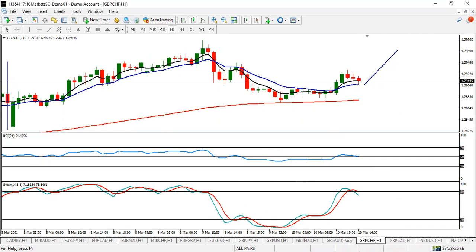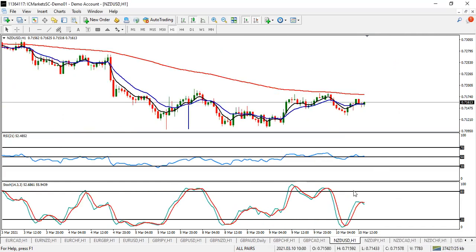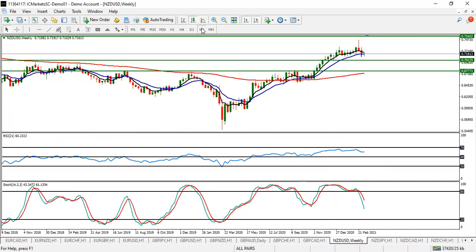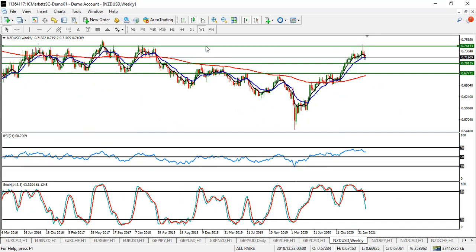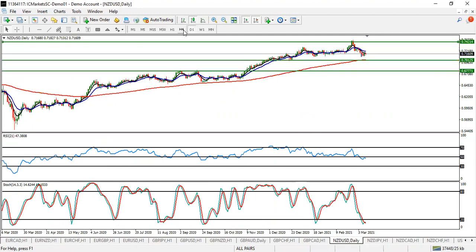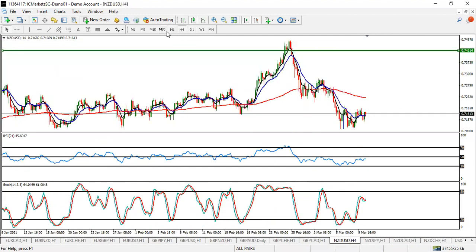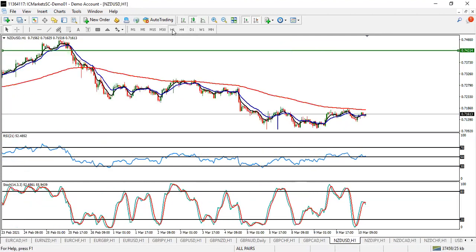The next thing I'll be talking about is NZD USD. NZD USD is coming from a resistance, so we expect this to pull down a little bit more.